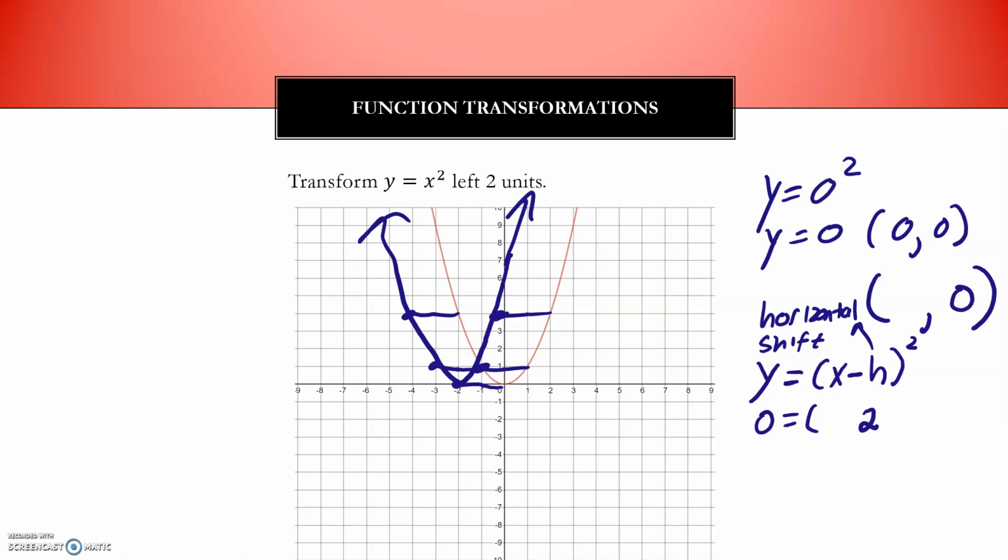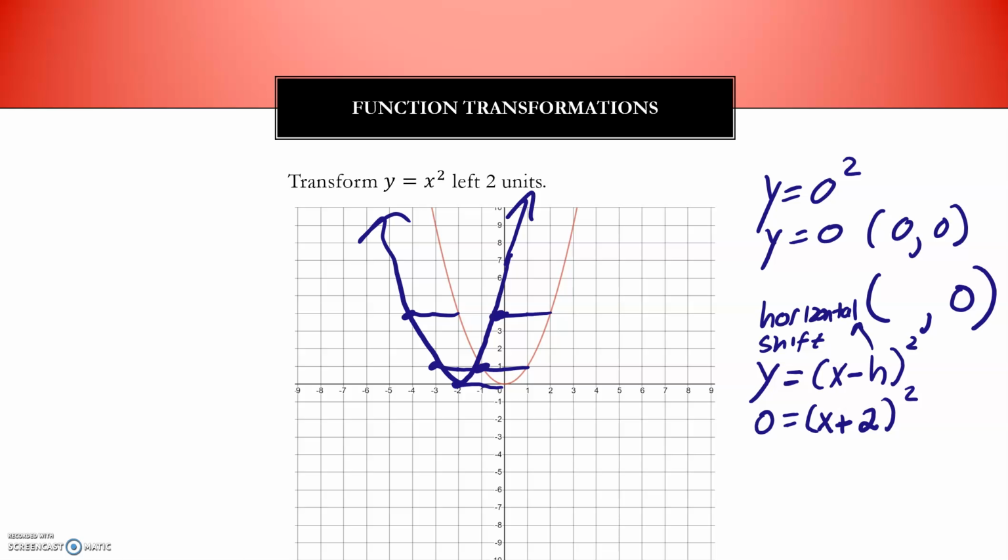And, well, if I'm going to do this, and I want to know what I have that gives me that movement, I actually have to add. Why do I have to add 2? That doesn't make any sense.